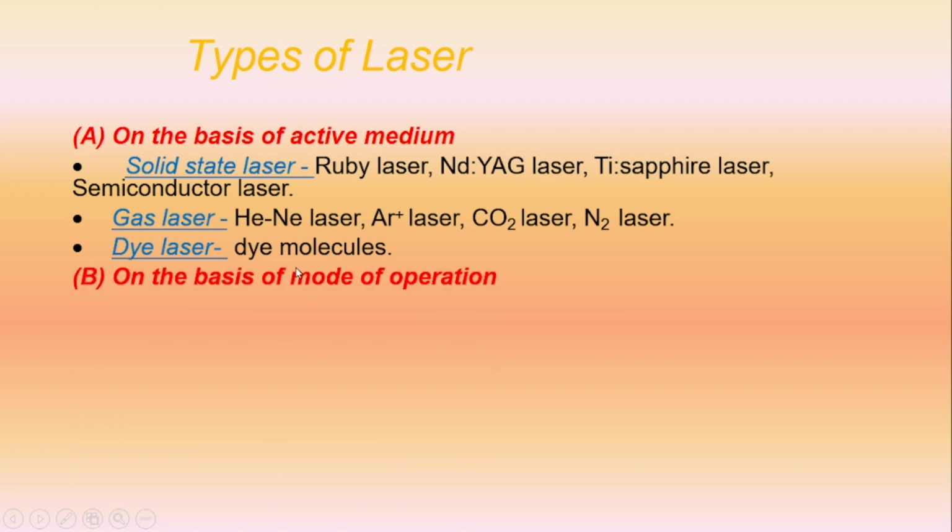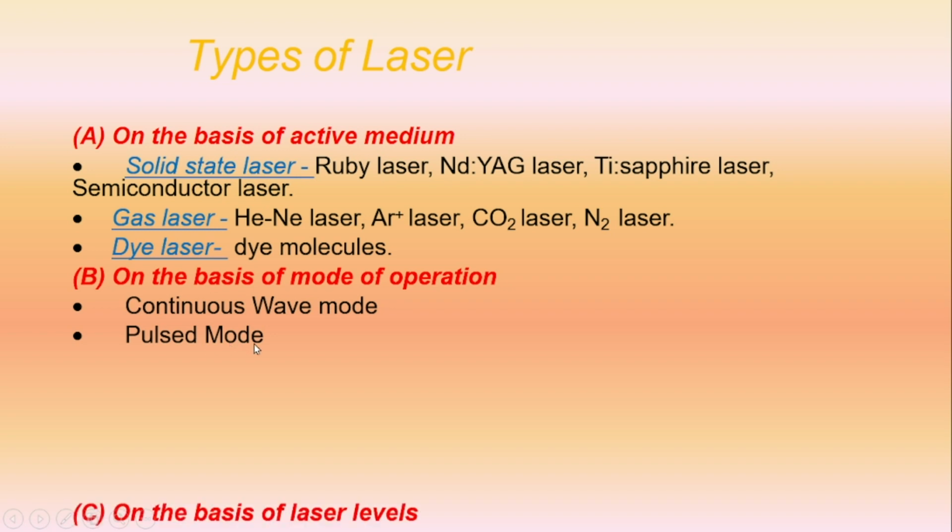Now, let us see the classification of laser on the basis of mode of operation. On the basis of mode of operation, there are two types of laser: continuous wave mode laser and pulse mode laser. In continuous wave mode, the laser beam is obtained continuously, and in pulse mode the laser beam is obtained in pulse form.